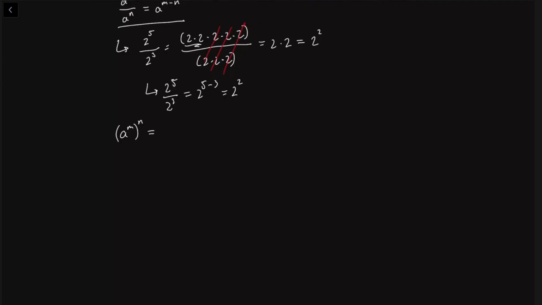The last one is a to the m all to the n, right? This is equal to a to the m times n. Let's do another example. If we have 2 to the 5 all cubed, that's the same as having 2 to the 5 times 2 to the 5 times 2 to the 5, right?